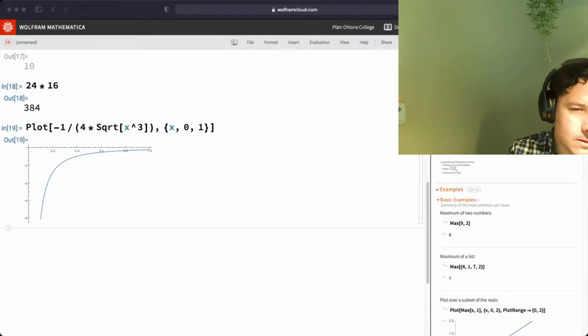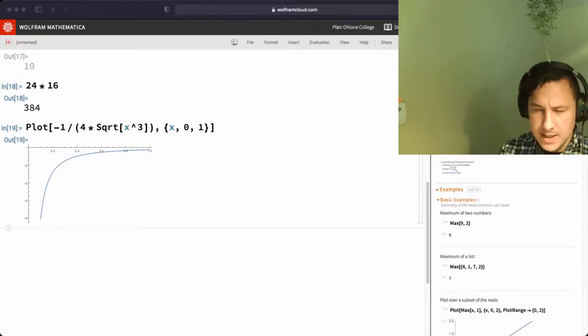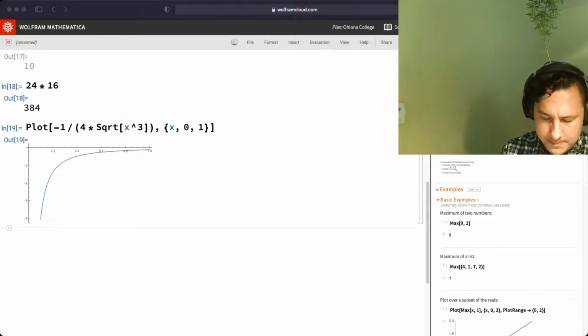What the hell? You need to calculate the maximum of the absolute value.